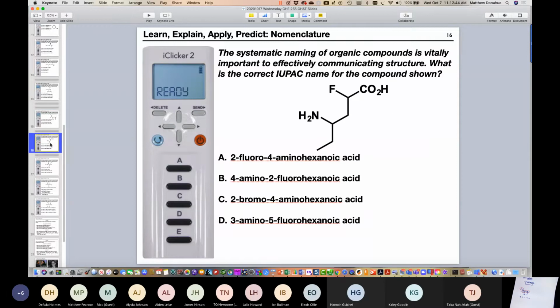So seeing nothing in the chat, let's move on to carboxylic acid. Looking at this molecule now, what's the longest chain?